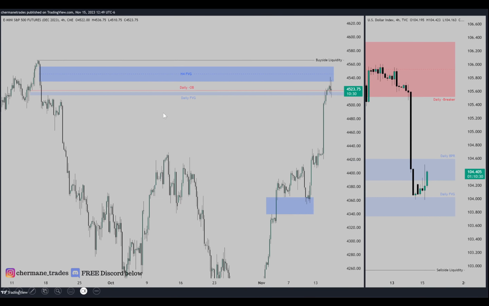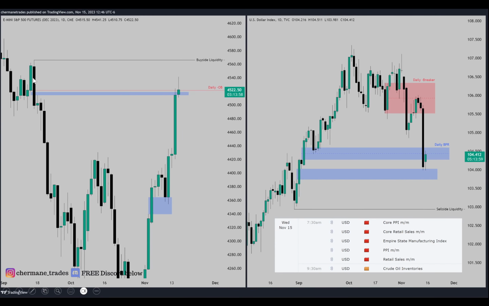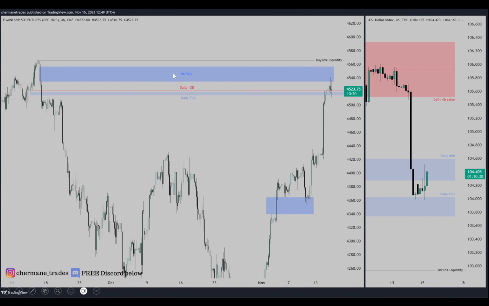Zoomed out a little bit on the S&P so we can see this fair value gap here on the 4-hour time frame. That's that order block and that small fair value gap outlined on the daily chart. And inside of this order block is a fair value gap on the 4-hour, and that's the buy side as well.